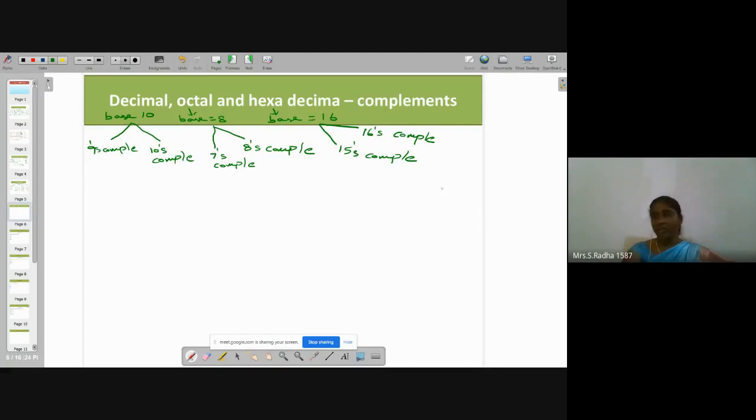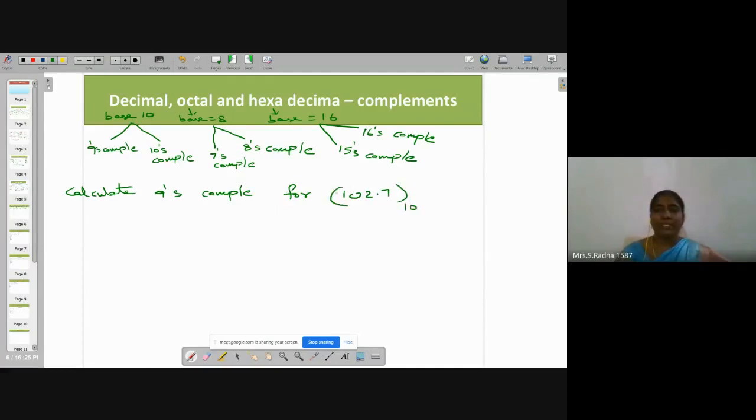Now I will go with a small problem to make the topic clear. Calculate 9's complement for 102.7 base 10.